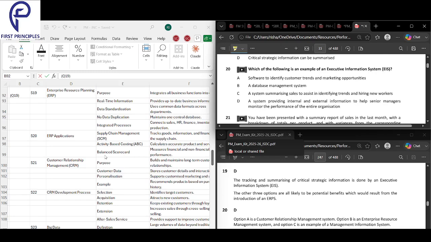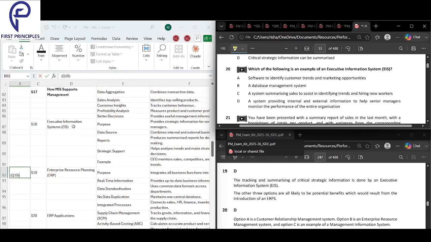Next, which of the following is an example of EIS? EIS we have done, Executive Information System. EIS, as you know, guys, is for the executive level. It's internal and external information. It's summarized and it gives you a trend of the entire business so that the top level can make a decision. That is EIS. Okay, so software to identify customer trends? A database management system?